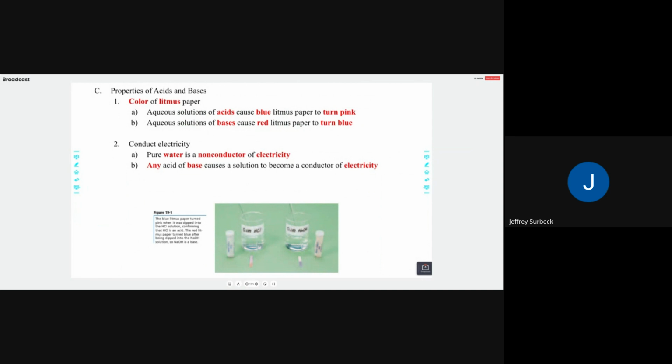Acids also can conduct electricity, and we'll decipher later in this chapter how strong an electric current they can carry, but we can describe an acid or base by its ability to be a conductor. Pure water cannot conduct because there are no ions in solution.